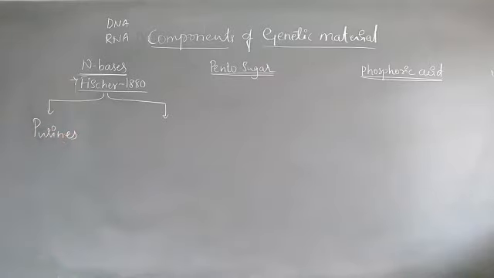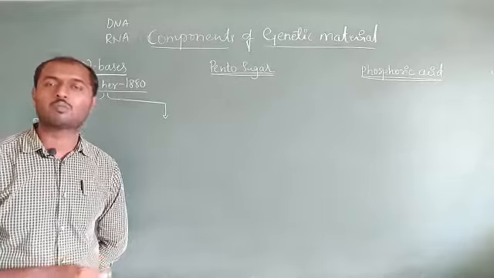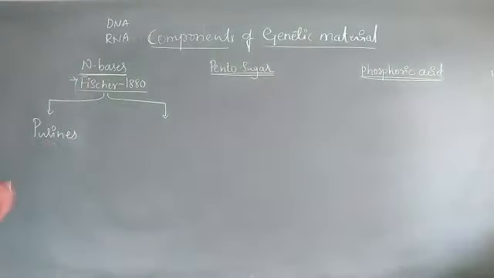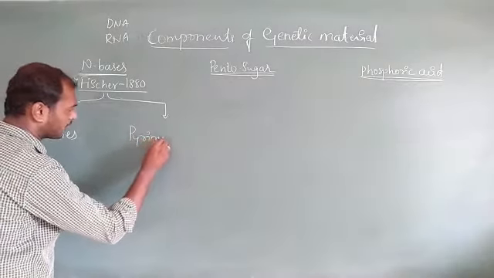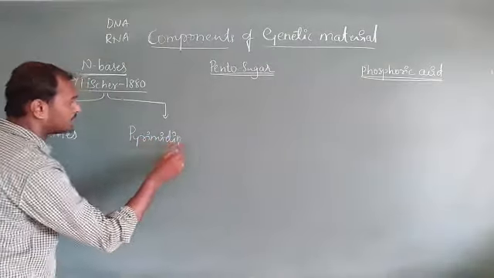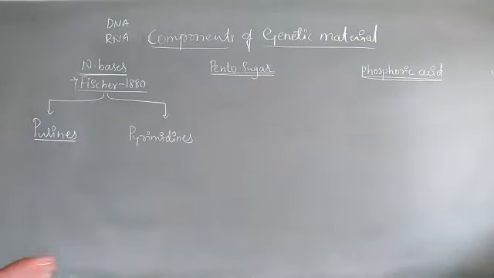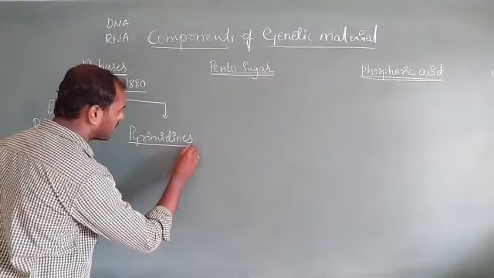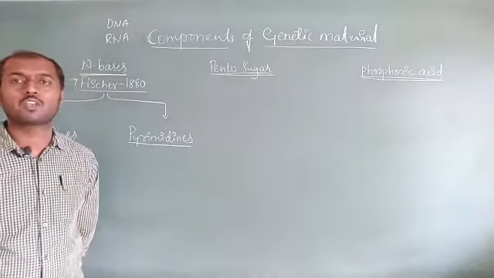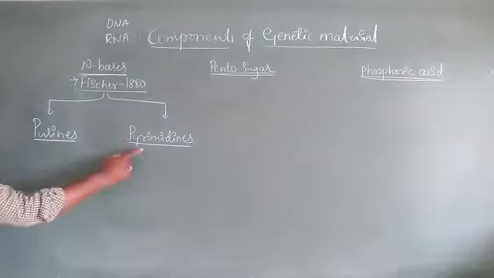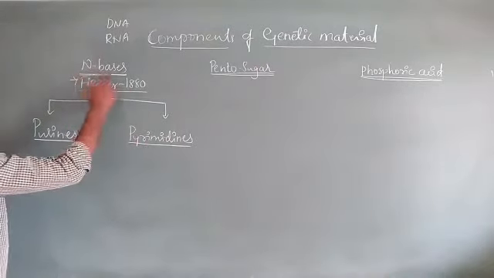The first kind of nitrogen base that we have in DNA or RNA is purines, and the second kind of nitrogen base is pyrimidines. Both purines and pyrimidines are present in DNA or RNA, and both are nitrogen bases.